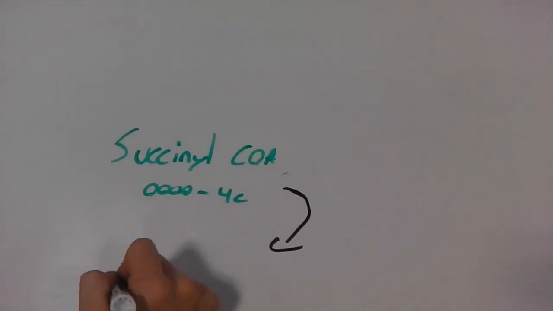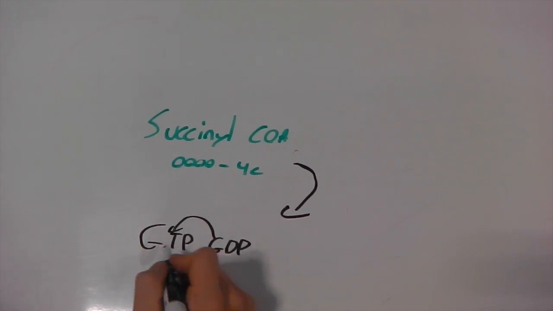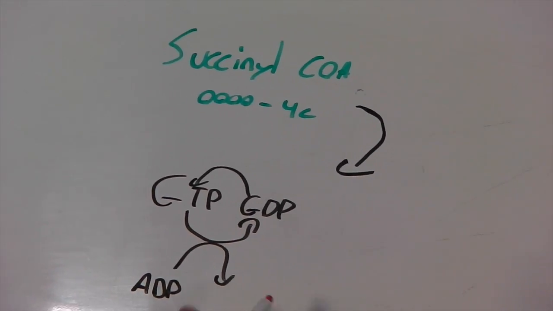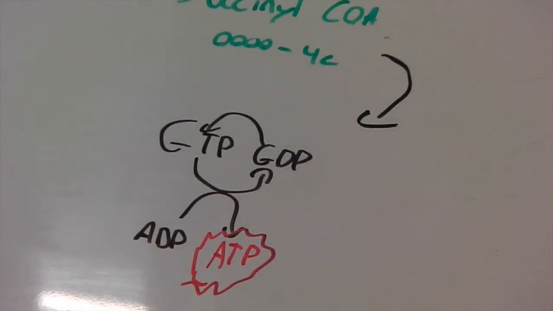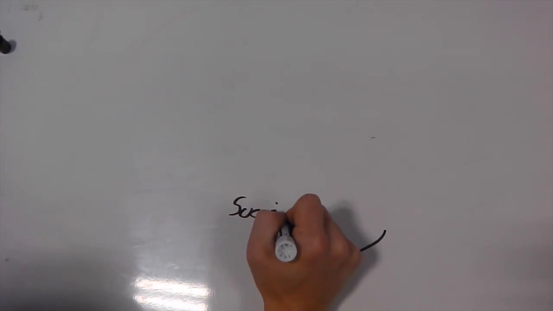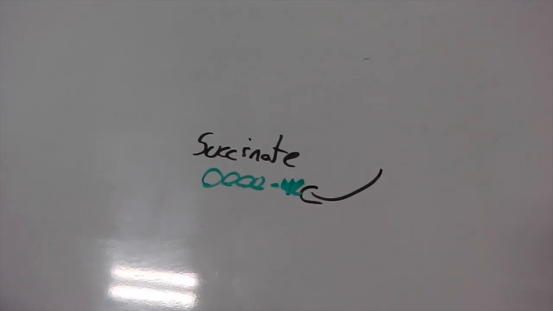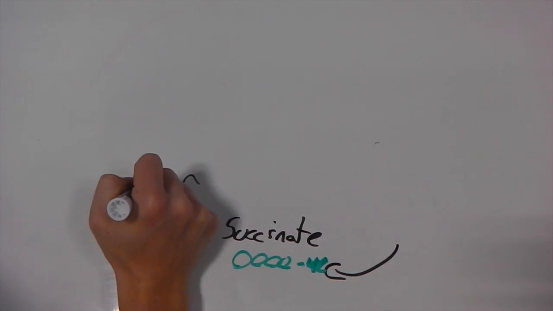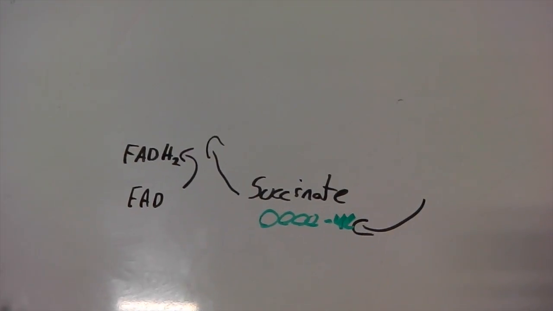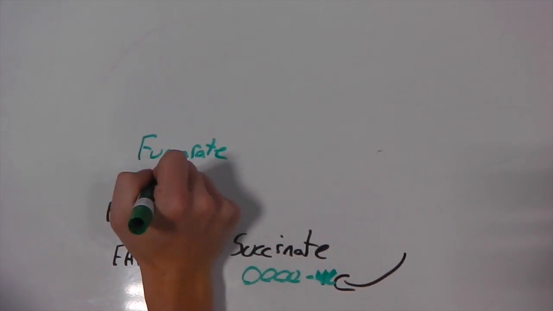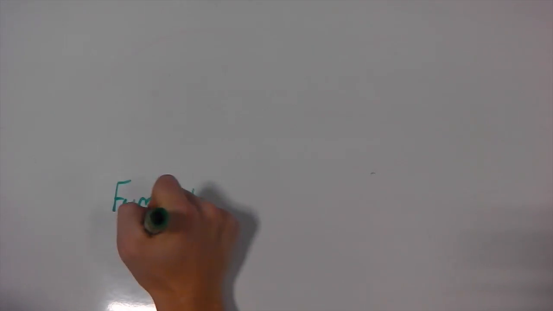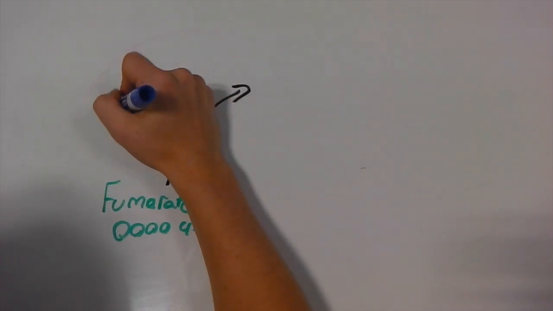From that, the result of GDP makes ADP and ATP, and from the succinate, we will be taking an FAD and converting it to FADH2, which will result in a fumarate, which is a 4-carbon compound.